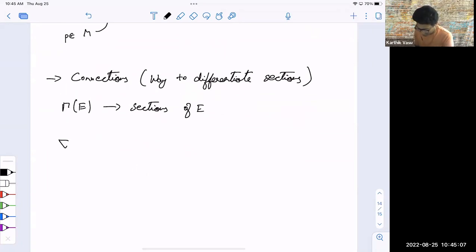So a connection is a map which takes vector fields on the manifold and a section, and gives a new section.